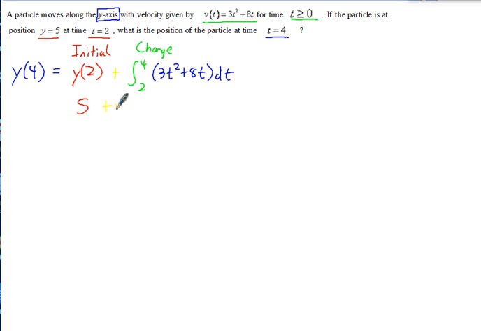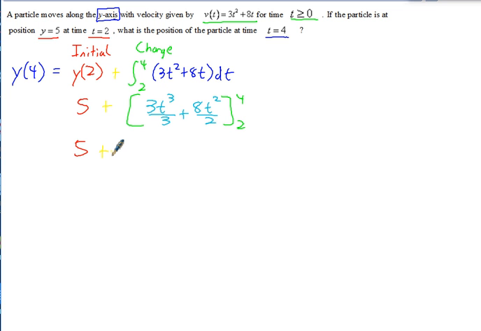Plus, this one again, since they're just added and there's no function inside, we can integrate each one separately. No substitution required here. So when you integrate 3t squared, you get 3t cubed over 3. And then when you integrate 8t, 8 stays out in front, you get t squared over 2. Evaluated from 2 to 4. So initial again is 5.